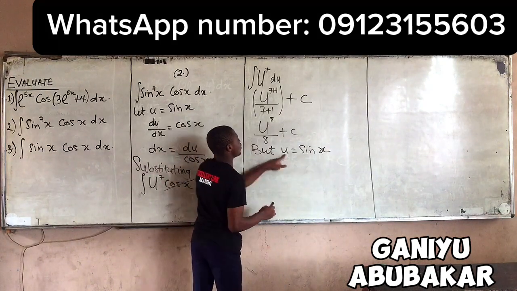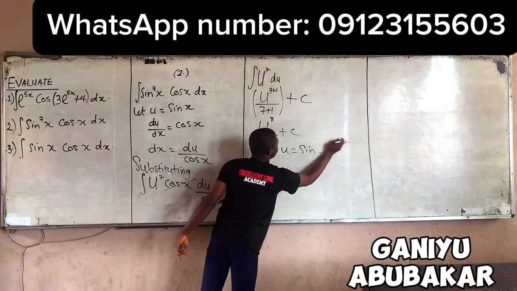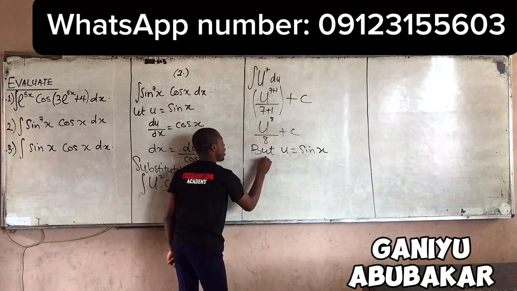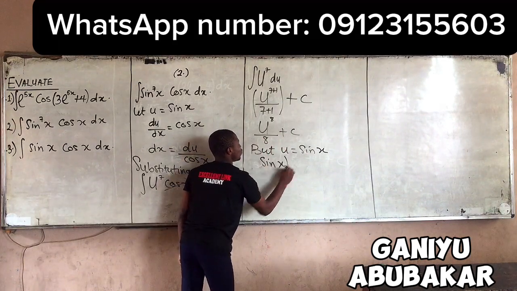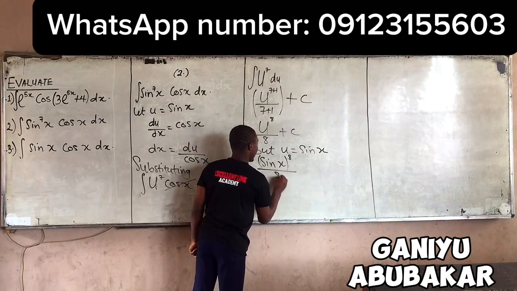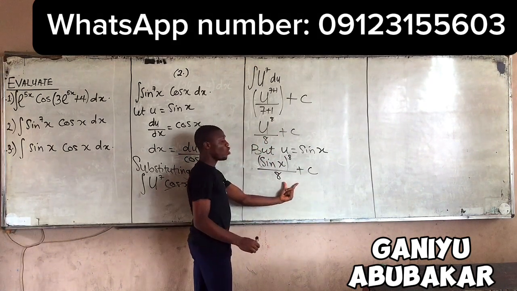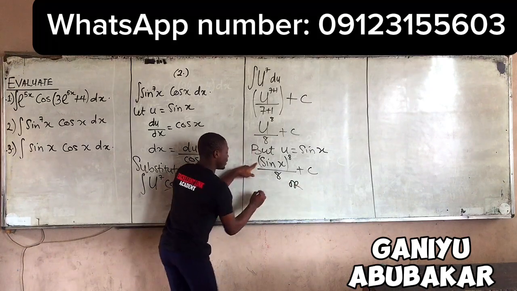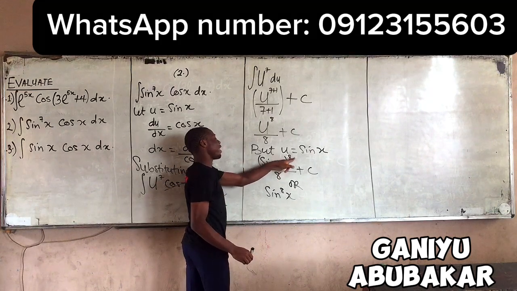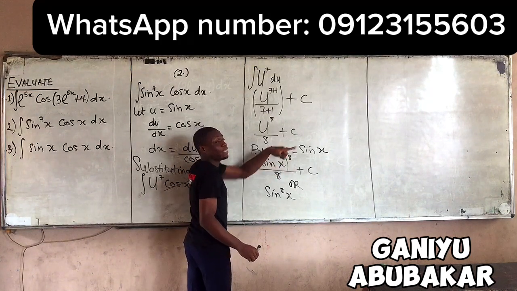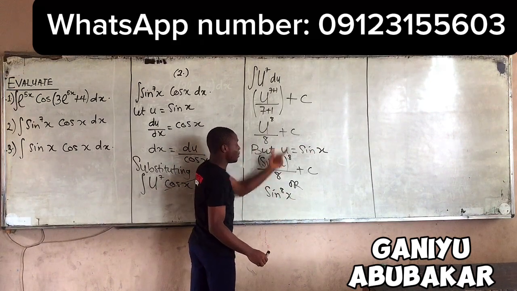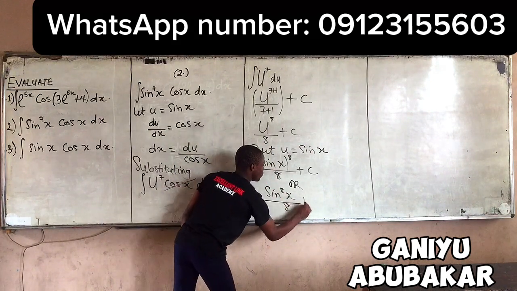So putting u here, I'll have sin x to the power 8 all over 8 plus c. This is correct. Or I can write this as sin^8 x, which means sin x in 8 places. Same thing.